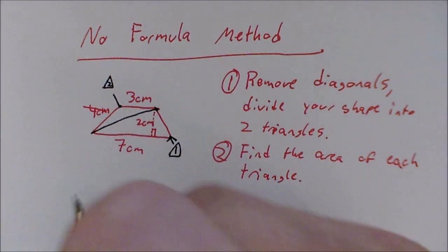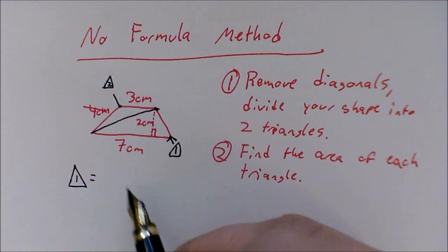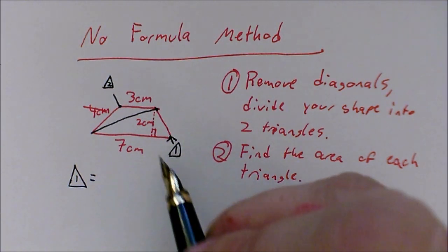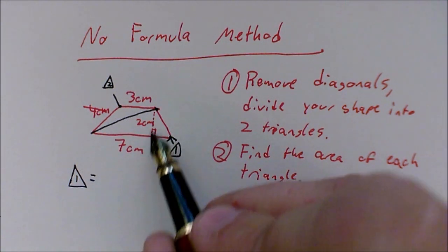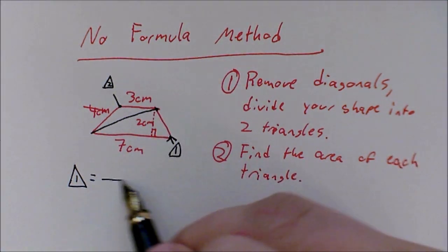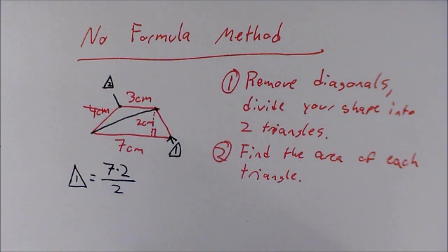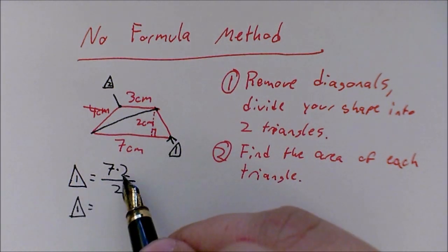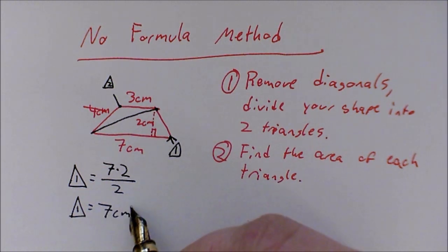So, for triangle 1, we know that we will have to use the formula base times height divided by 2. If we look at triangle 1, it has a base of 7 centimeters and a height of 2 centimeters. So, we will do 7 times 2 divided by 2. 7 times 2 will give me 14, and 14 divided by 2 will give me 7. This is just for triangle 1. This is not our final answer.